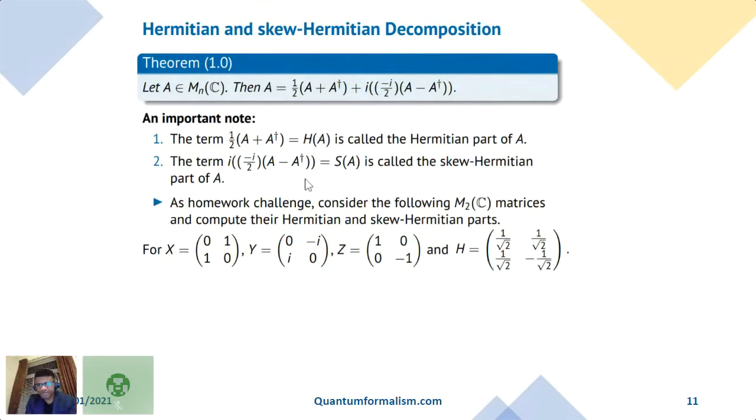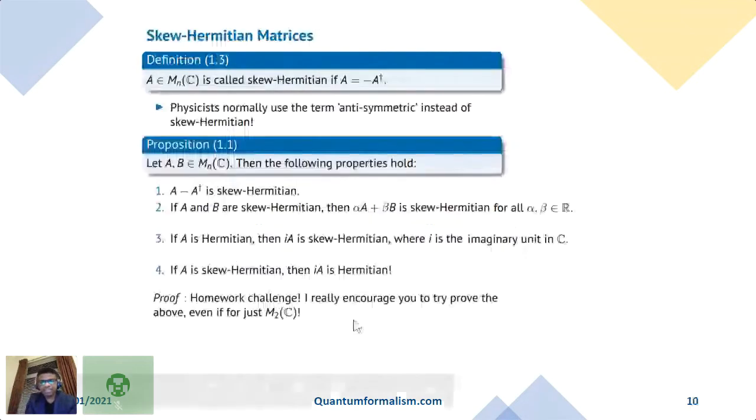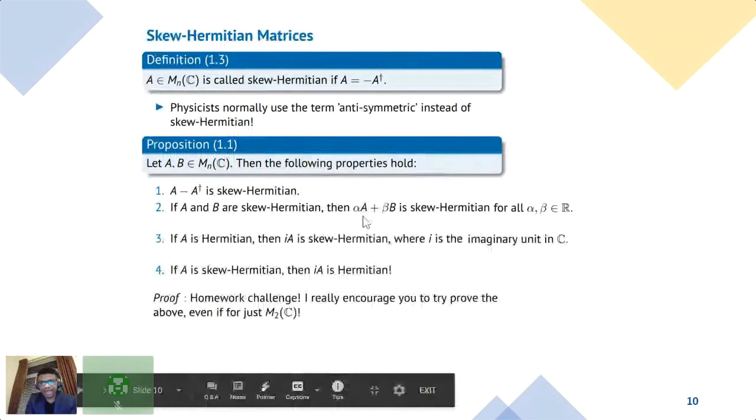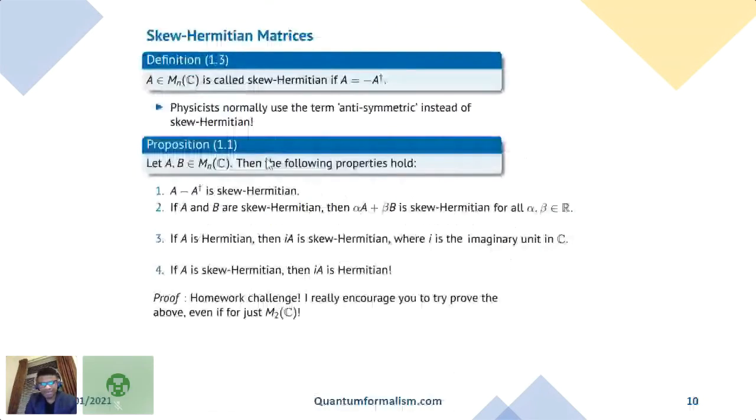Yeah. So alpha and beta are real numbers. I think you already noticed that because of this property: if you multiply either a Hermitian or skew Hermitian matrix with the imaginary unit, you will move away, you will not preserve their property.